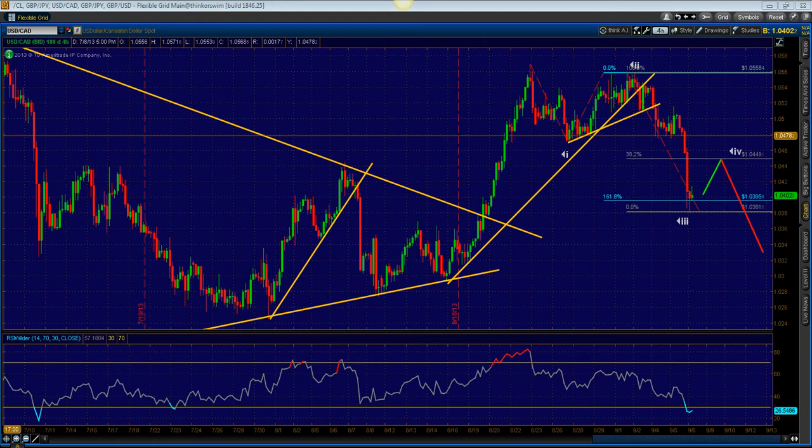As we start off next week's trade, we are looking at a couple of things. One, let's start off with the dollar CAD as we are looking to take that at the open, so long as there's not much of a gap on either side. Looking at this setup, we are looking at price action currently holding the 161.8% Fibonacci extension. So looking for that down move to be a third wave.